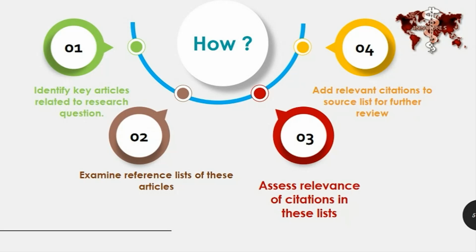Everyone in that reference list is saying the same thing the original paper is saying. So this is one of the downsides of citation fishing, and we can remove that downside by our third step, which is to assess the relevance of these citations when we are reviewing the reference list.